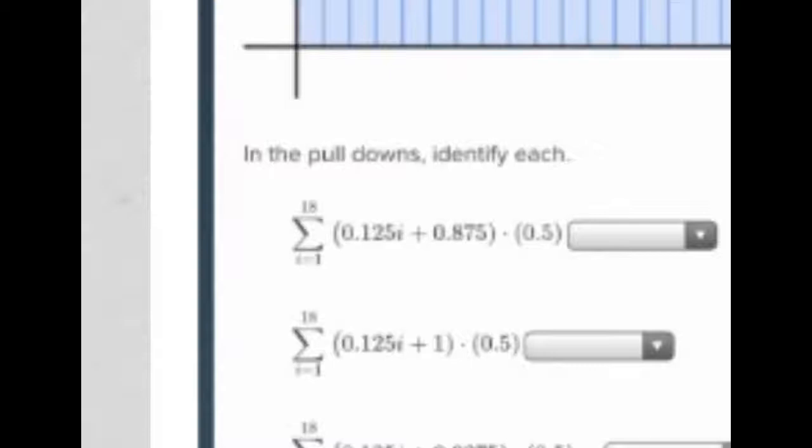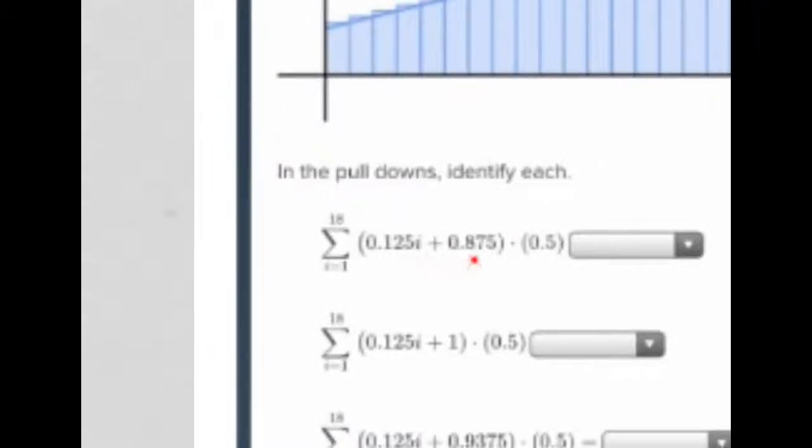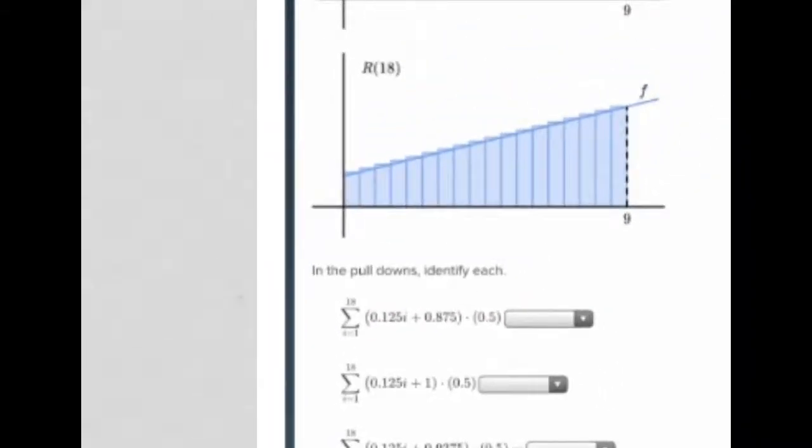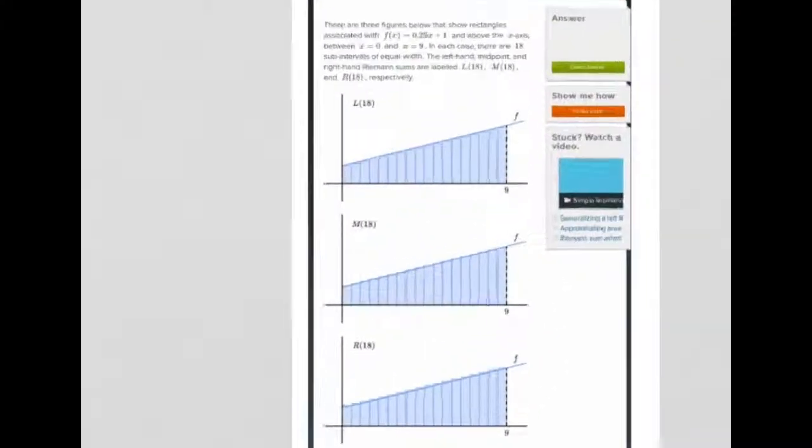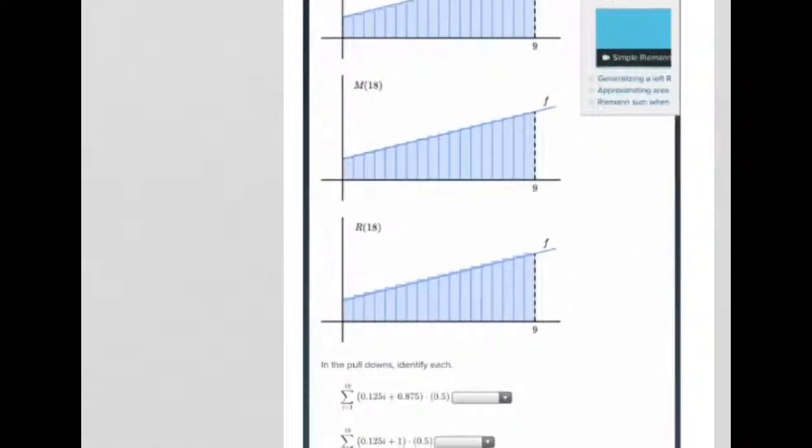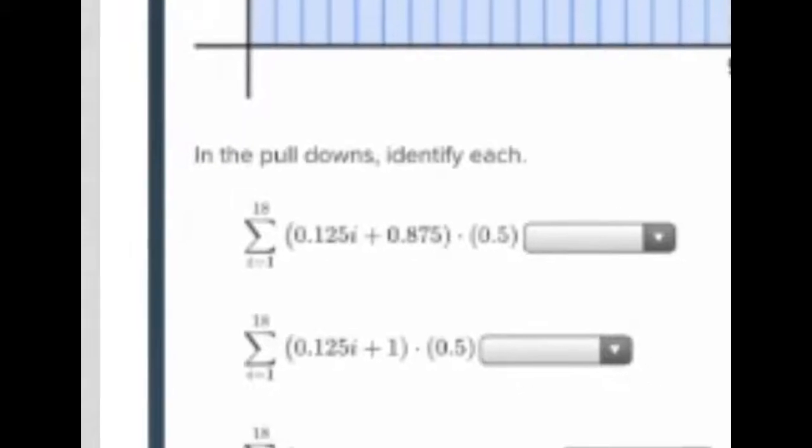What's 0.125 times 1 plus 0.875? That equals 1. So the height of the first rectangle is 1 times the width. So I'm guessing, just from right now, L18 is this one, just because it's 1 times 0.5.